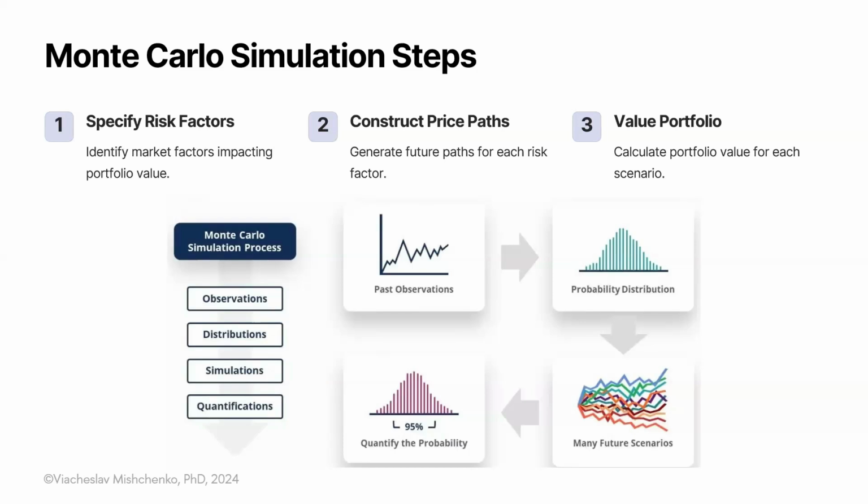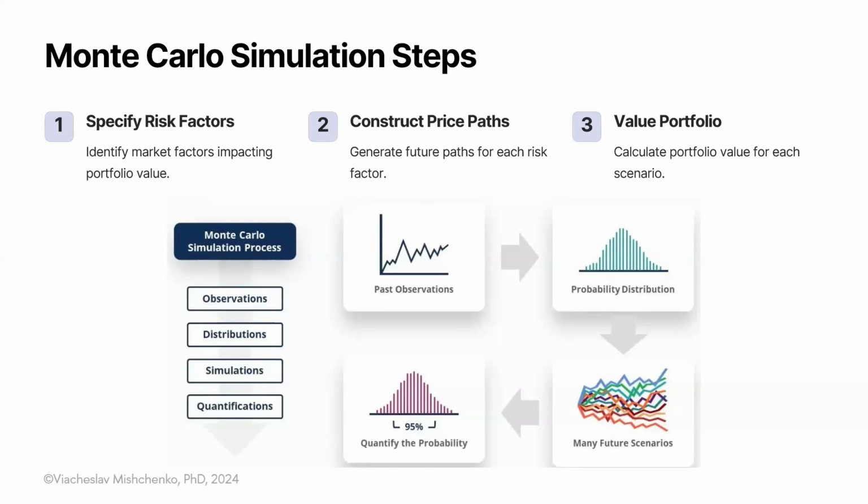Therefore, the computational intensity of this step usually depends on the complexity of our pricing models, for example. But for a portfolio of linear instruments like stocks or bonds, it's relatively straightforward.